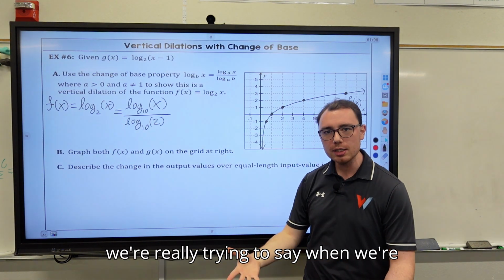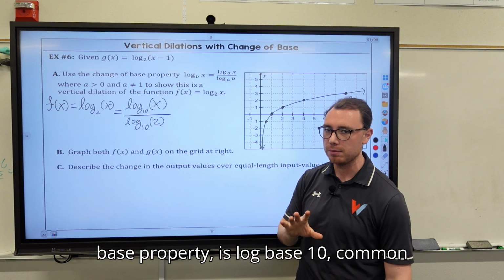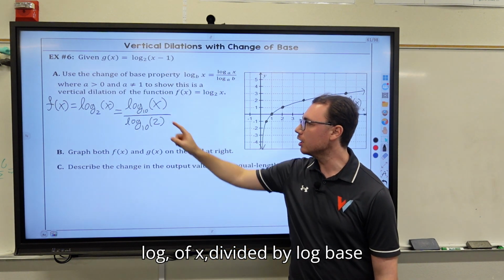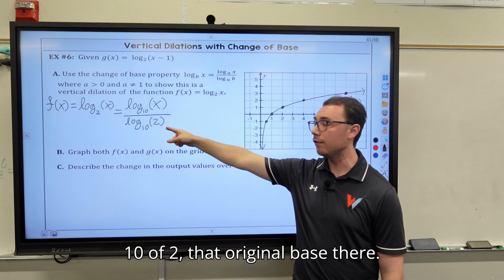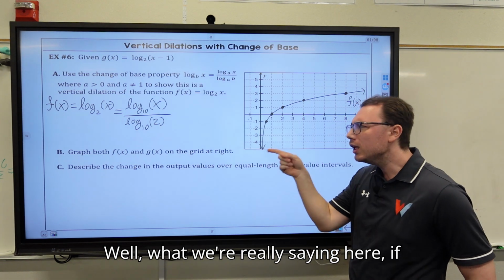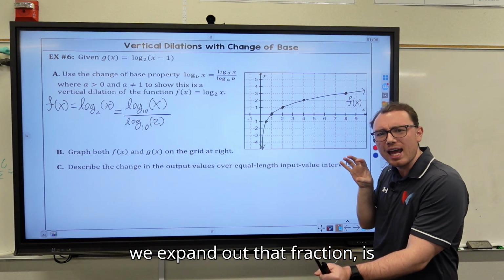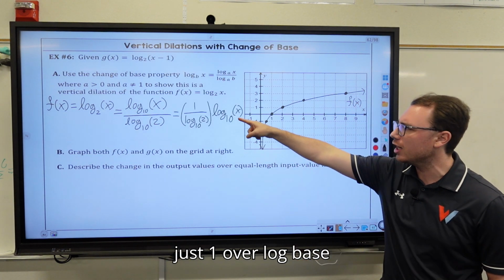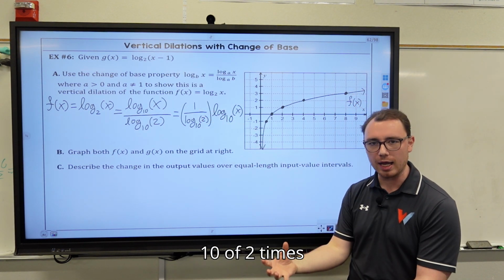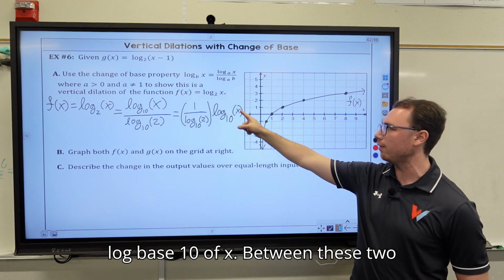What we're really trying to say when we're using that change in base property is log base 10, common log, of x divided by log base 10 of 2, that original base there. Well, if we expand out that fraction, it is just 1 over log base 10 of 2 times log base 10 of x.